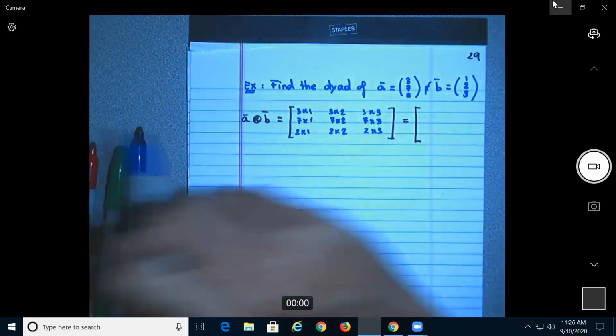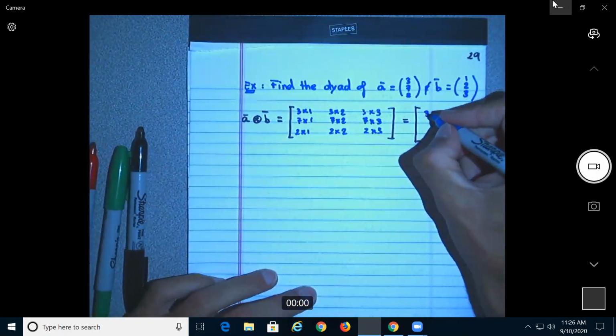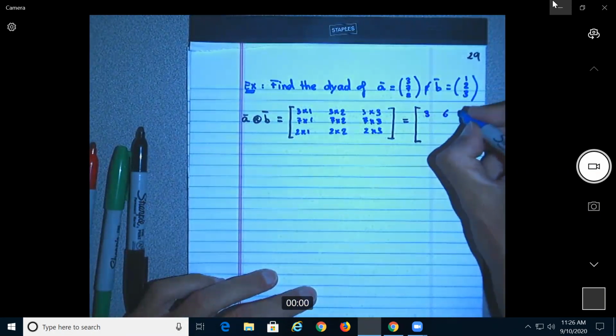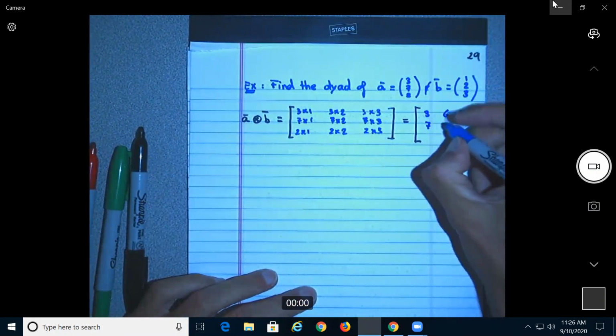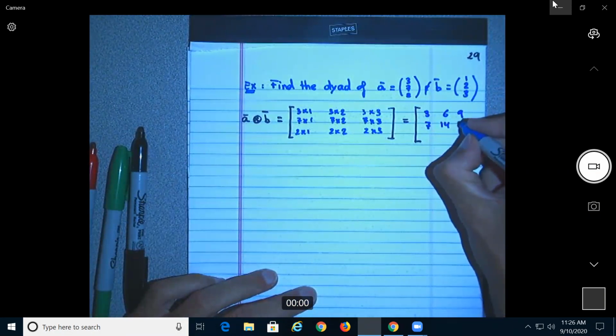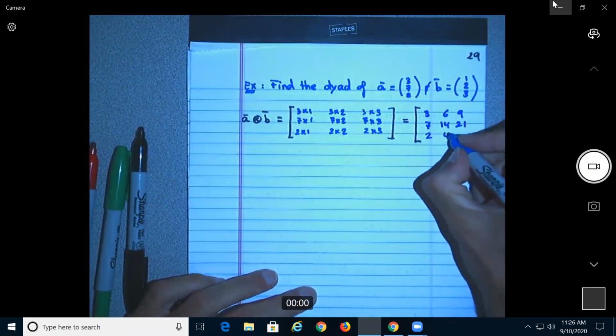So let's see what we get at the end: 3, 6, 9, 7, 14, 21, 2, 4, 6.